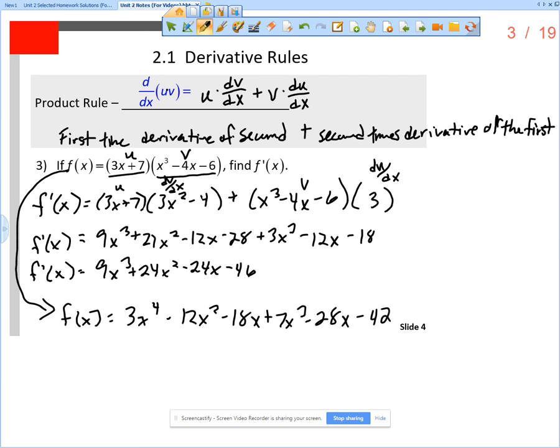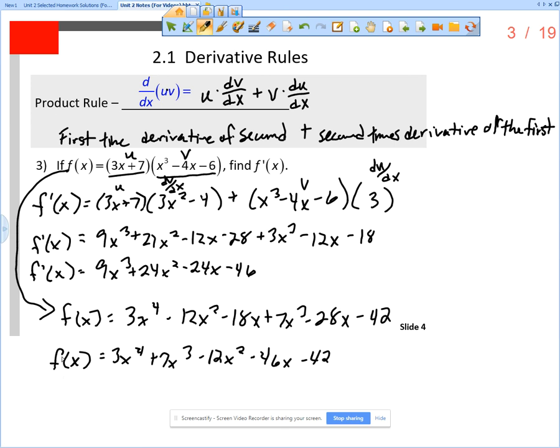So now, if I were to combine my like terms, I have f of x would be 3x to the fourth plus 7x cubed. I just like to write it in descending order, minus 12x squared. And then I've got the minus 18x and the minus 28x, so minus 46x and then minus 42.